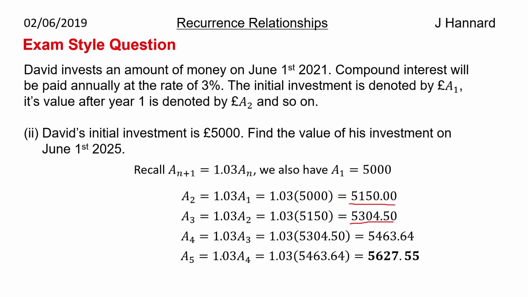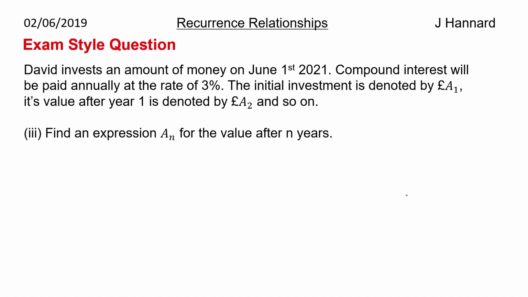A5, similarly again, we let n equal 4, so it's 1.03 times A4, which is 1.03 times 5463.64. So that is our final answer. On June the 1st, 2025, which is his 5th year of investment, he will have this much money in the bank, which is pretty good actually. 627 quid for just sticking it in a bank for 5 years.